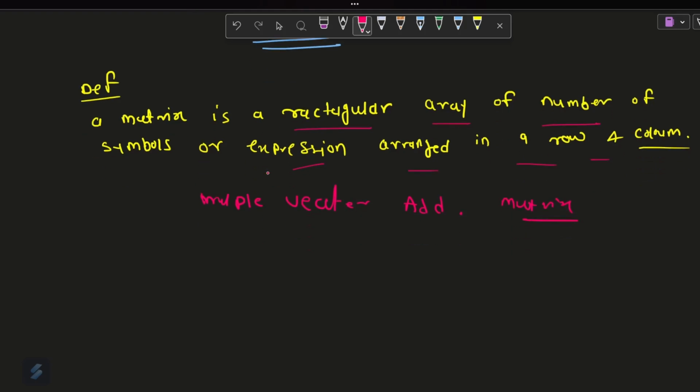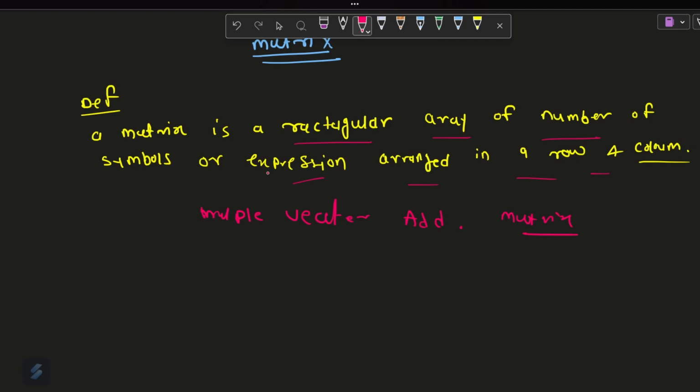Let's consider we have a matrix A. Its elements are A11, A12 till AMN.